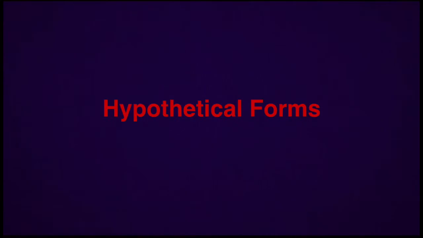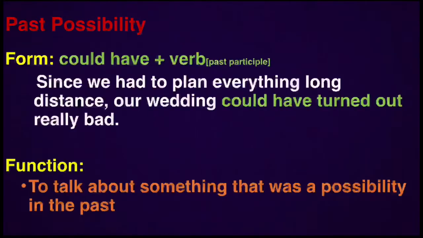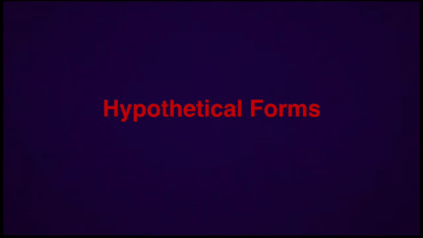Now we're going to look at the really crazy ones, and these are the hypothetical forms. So the word hypothetical means that it's something imaginary. It's something that didn't happen, but we're thinking about the possibility that it could have happened. So for this, you'll hear Americans say woulda, shoulda, coulda.